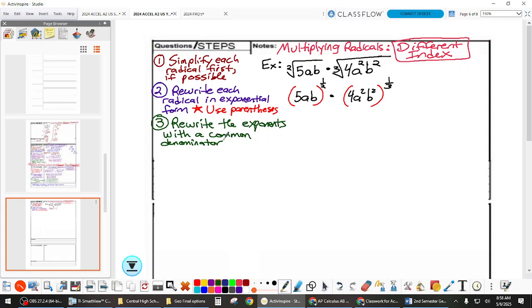So, the left one, how's that going to look? 1/2 is 3/6, yep. How about this one? 1/3 is 2/6. Okay? Good so far?